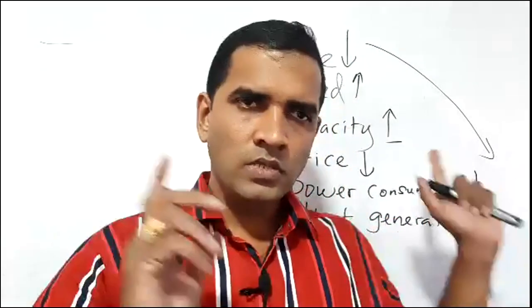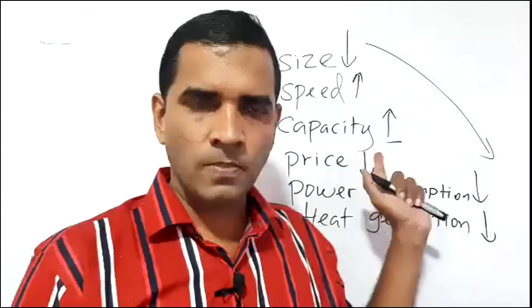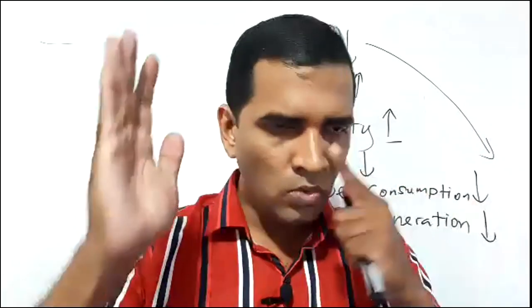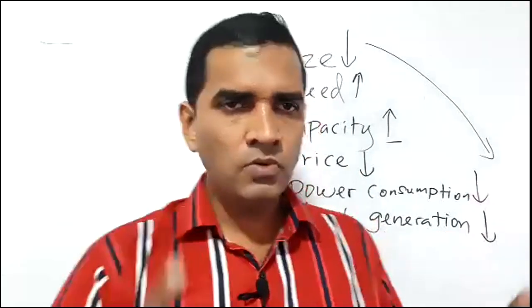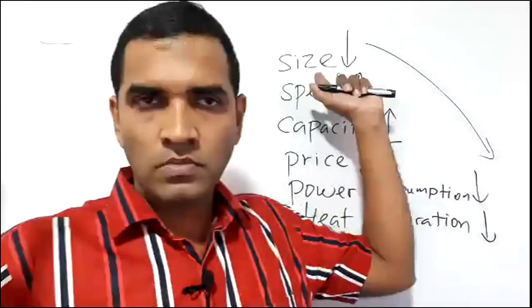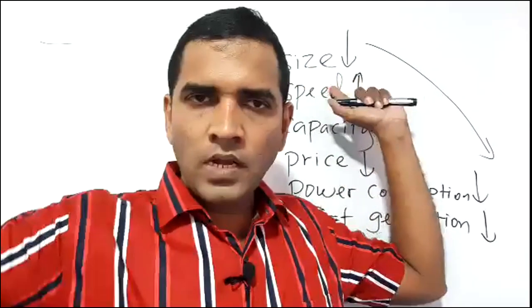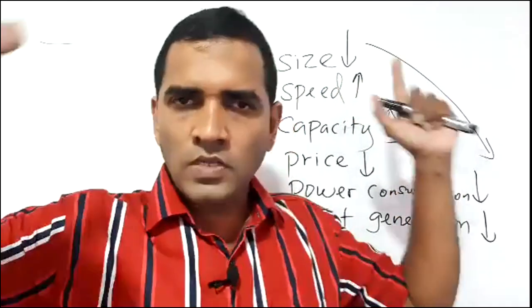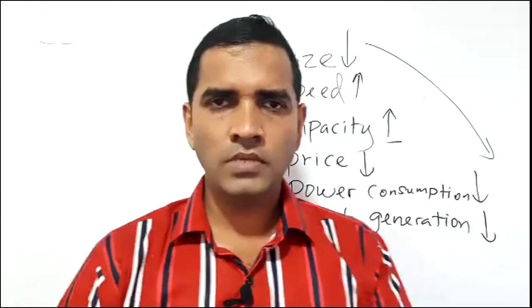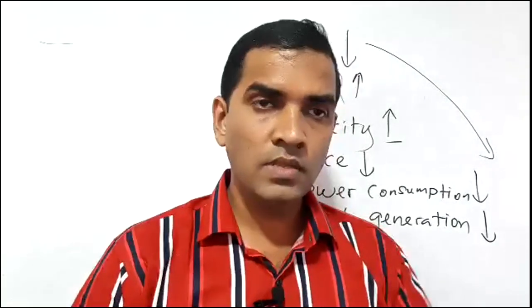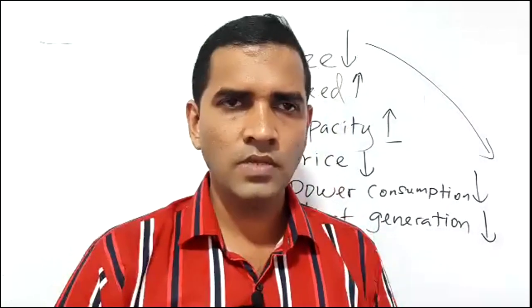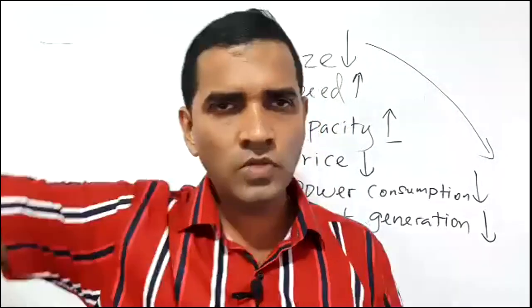Look, all these characteristics, think about the first generation, right? During the first generation, computers were very large. But what happened in the second generation? The size reduced a little bit. You can't say the size was reduced a lot, maybe a little bit in the second generation. What happened when you go to the third generation?